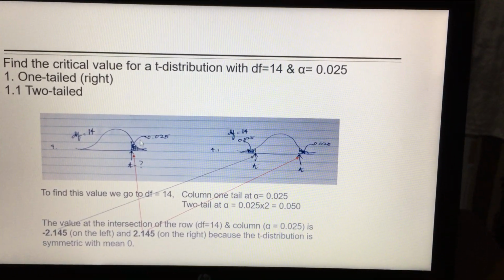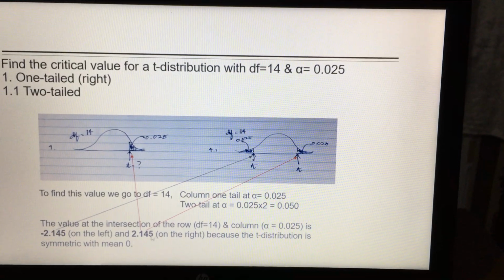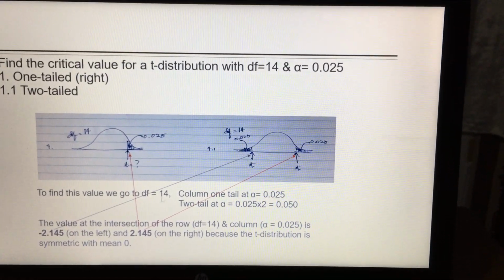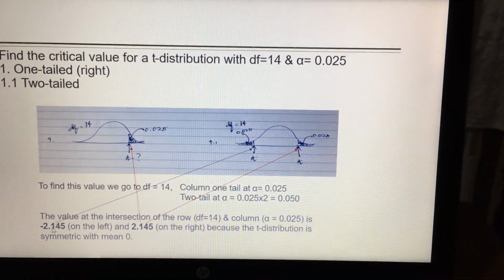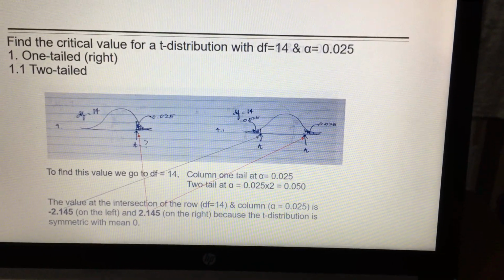On the right, for the one-tailed, it's positive 2.145, and on the left, it will be negative 2.145.